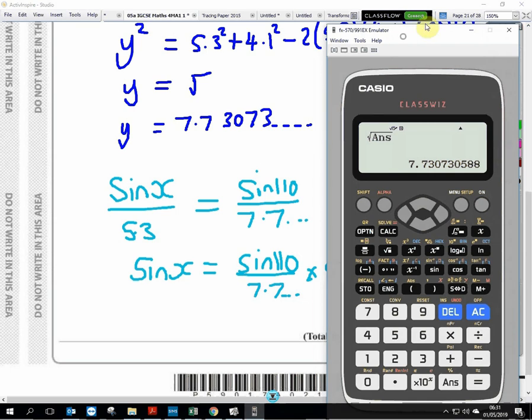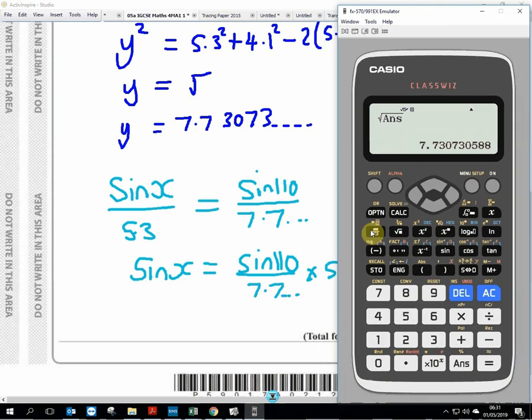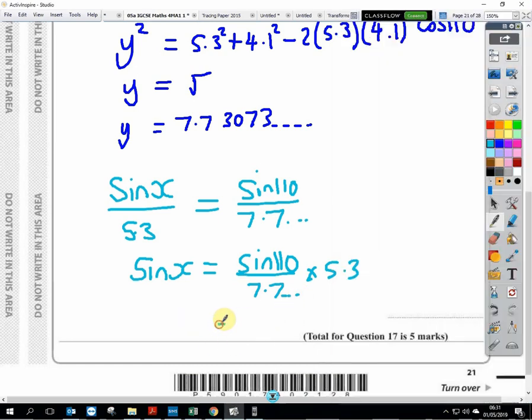Well, let's have a go at typing this in the calculator. So we have sine 110 over ans, previous display, times 5.3. Okay, so this is an unusually small angle, and that's because it's not an angle. It's sine of the angle. Sine of the angle is 0.644.